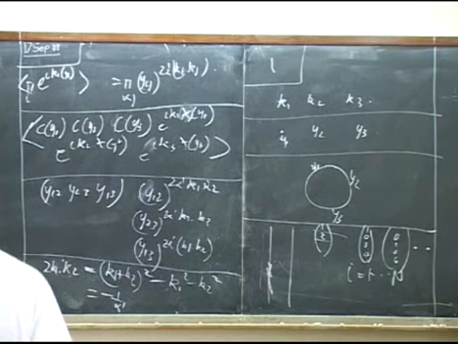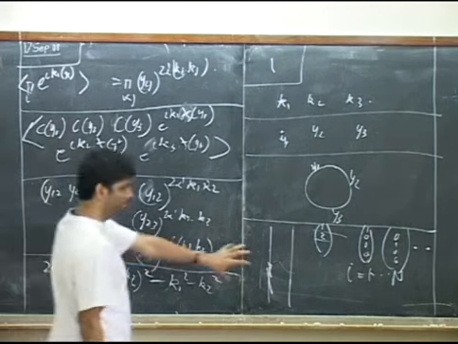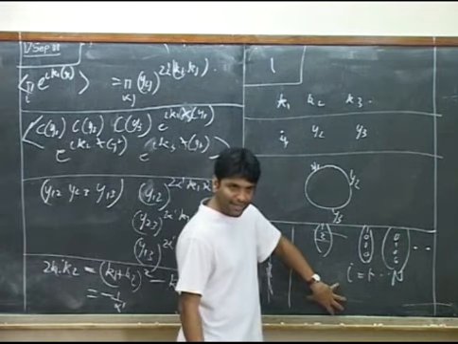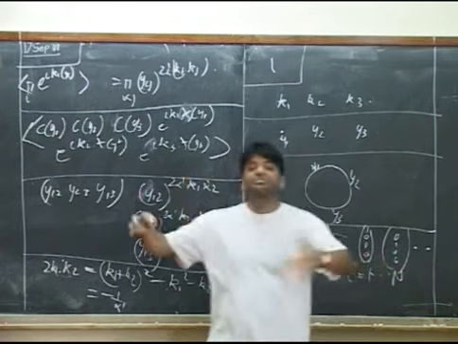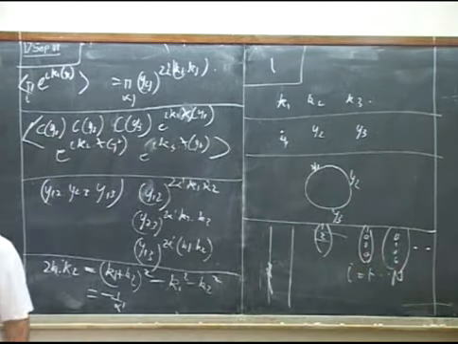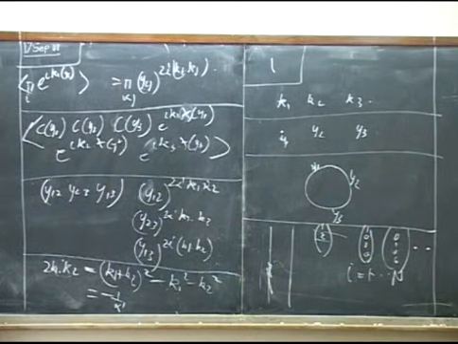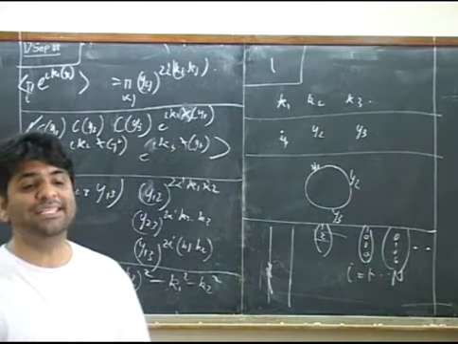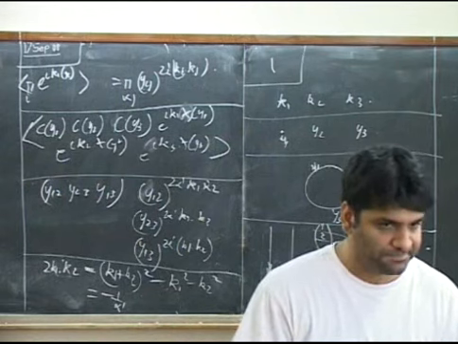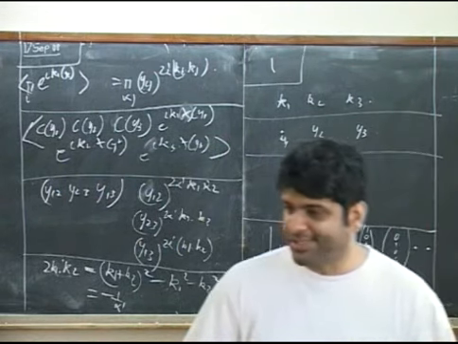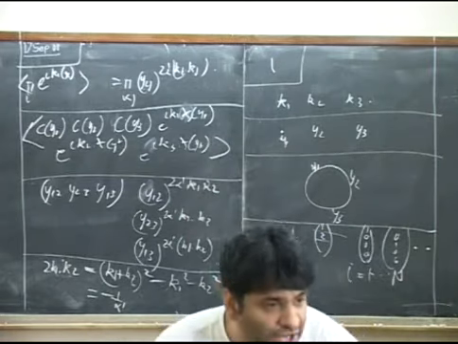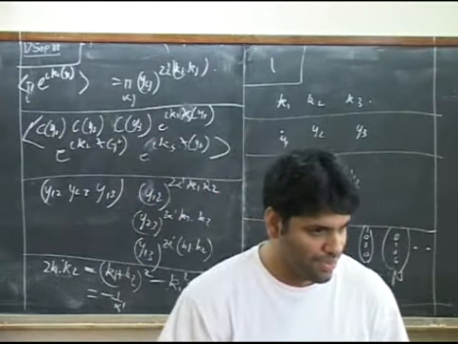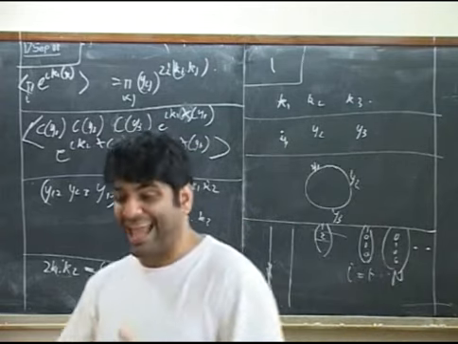Okay? So you can think of it as some n cross n matrix times whatever we had before. You can think of it as n squared different species of open strings. The species does not change in evolution, but can change in interactions.